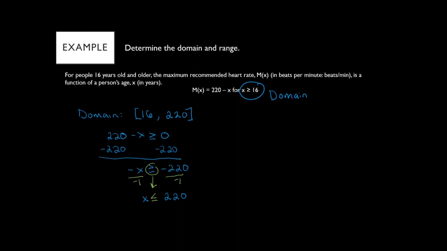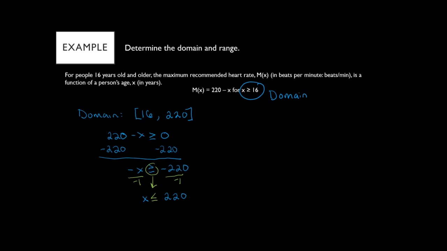Where is your heart rate too slow, basically? I don't know. But this is the best we can come up with. But you do need to think about it in real-world situations: even if this is the best we come up with mathematically, there may be other factors at a point where the equation doesn't hold anymore. We don't know, so we just have to go with what we have.